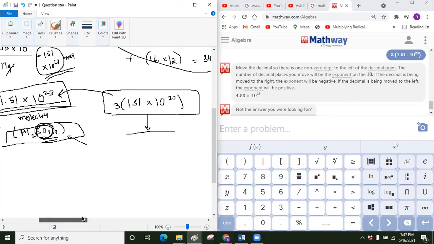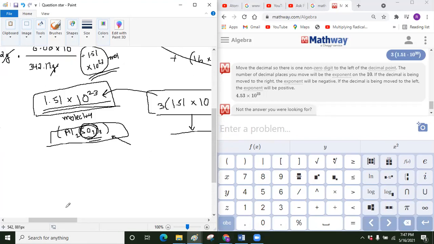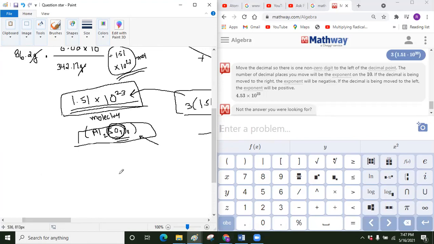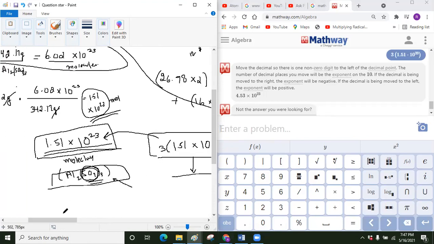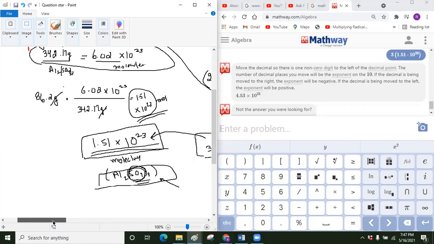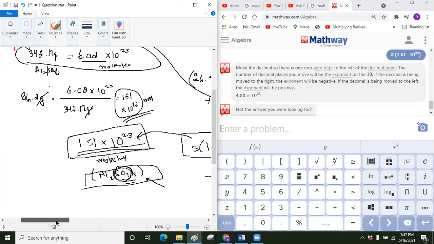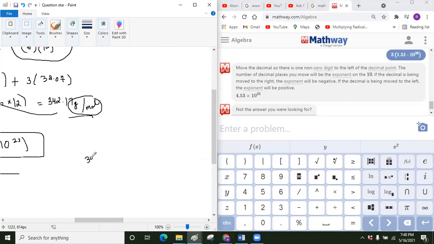What I mean by extending the conversion factor is, if you remember our original conversion, we had 342.17 grams equals 6.02 times 10 to the power 23, Avogadro's number, of molecules, since we're dealing with a molecule here.